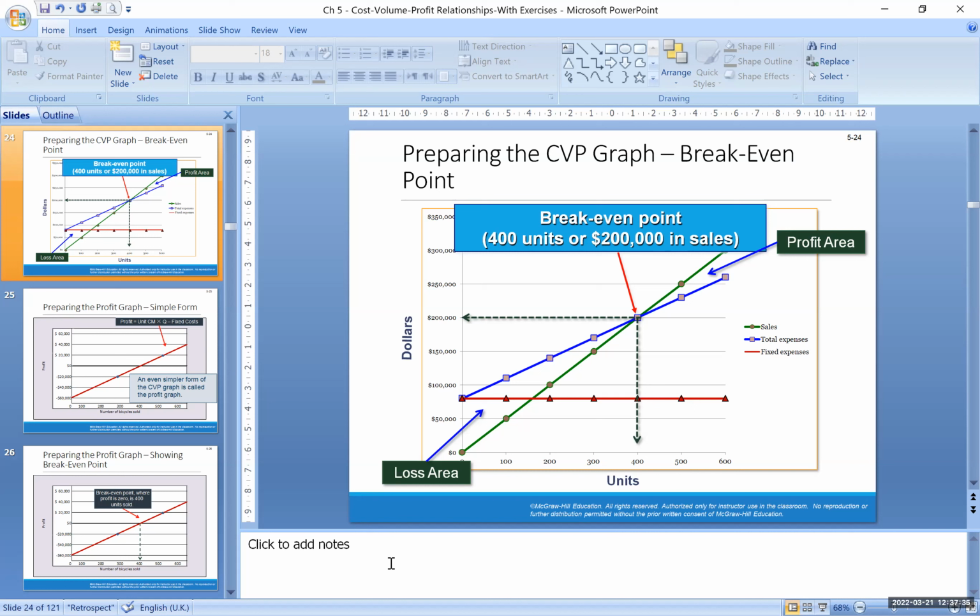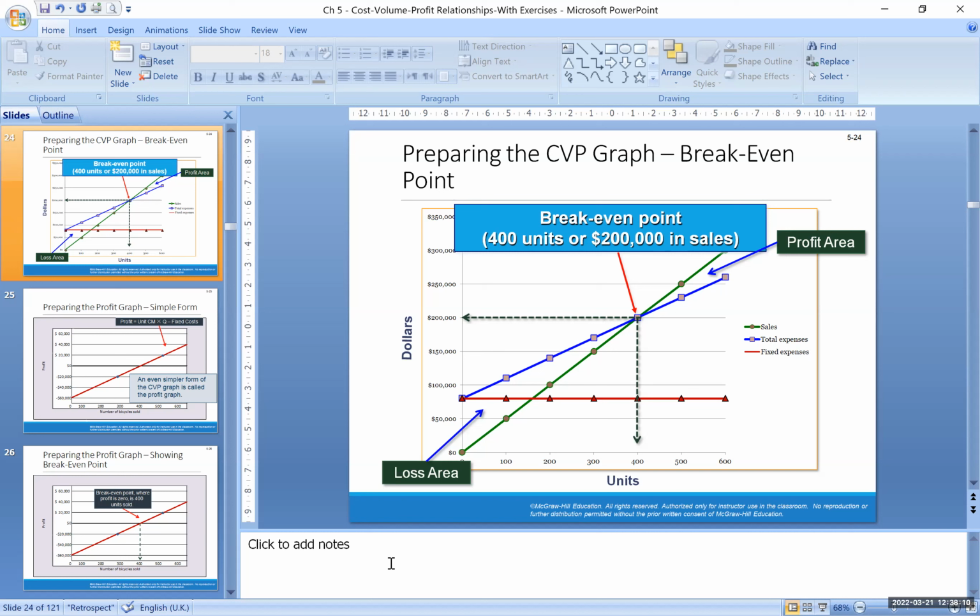It is represented by 400 units on the x-axis, or in dollars, $200,000 in sales on the y-axis.